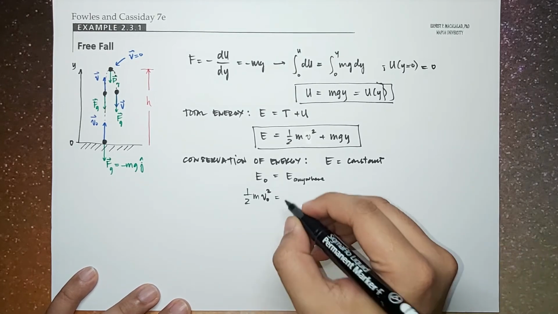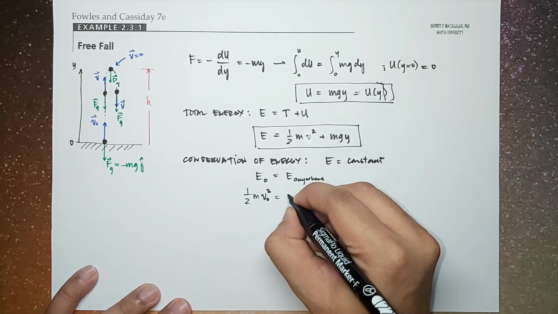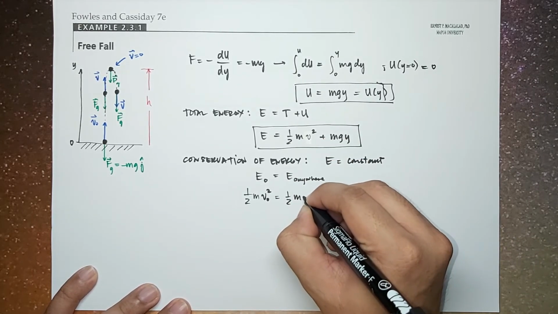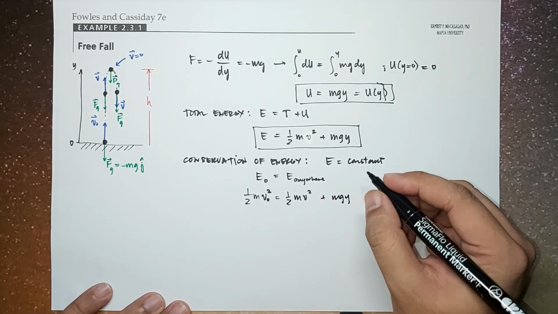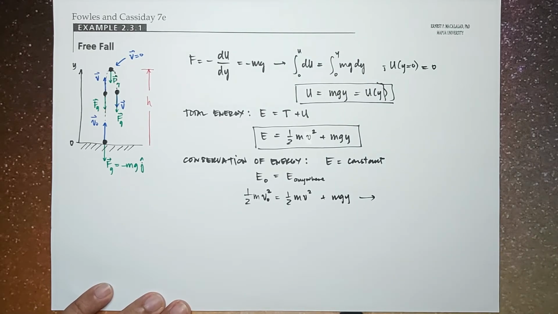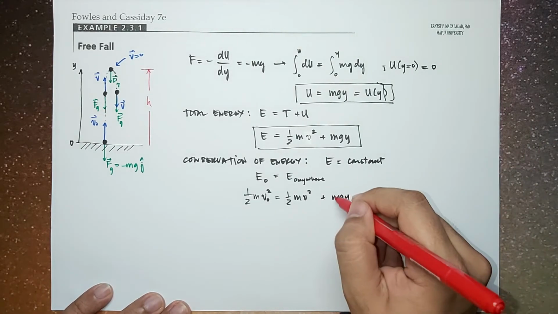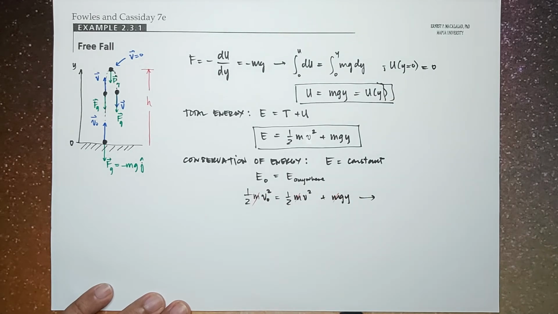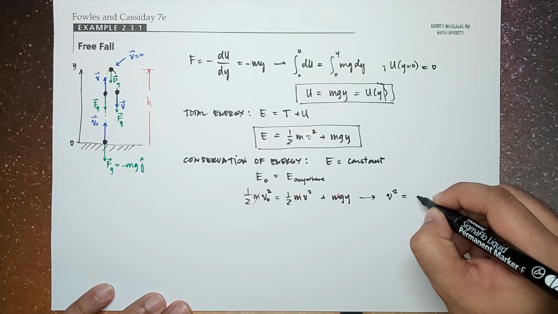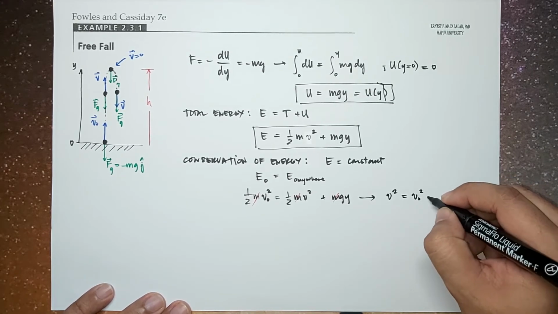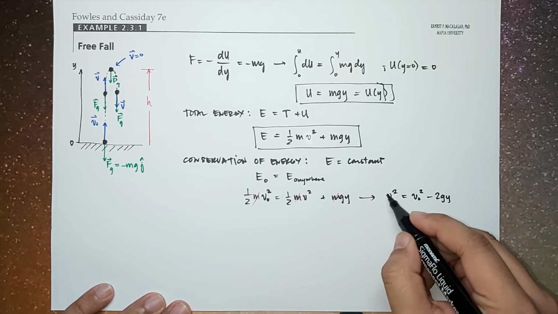From here, this is also equal to this one. So this is 1/2 m v squared plus mgy, which yields, again, you can cancel m, and then we multiply both sides of the equation by 2, and we end up with v squared equals v naught squared minus 2gy.